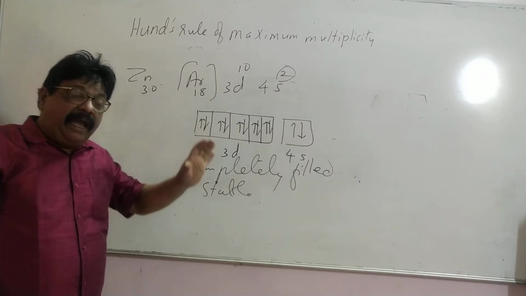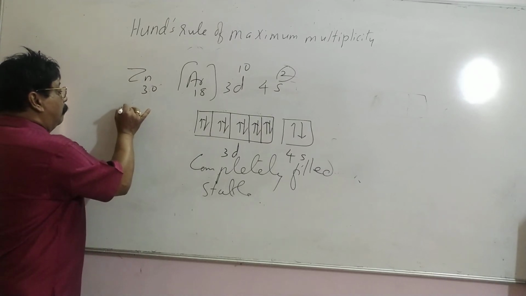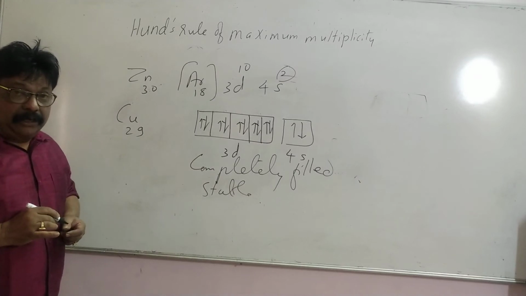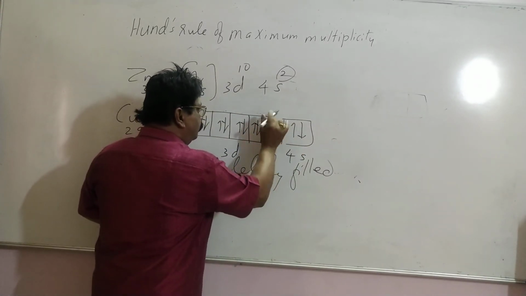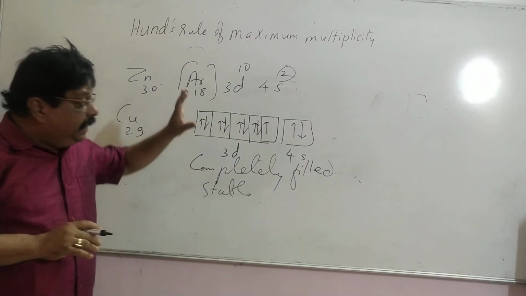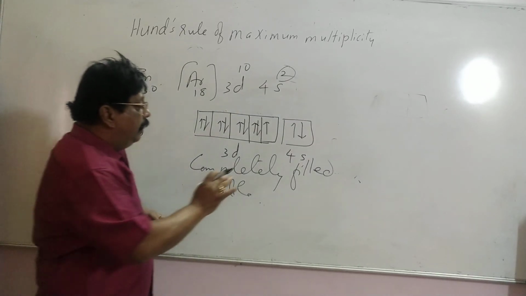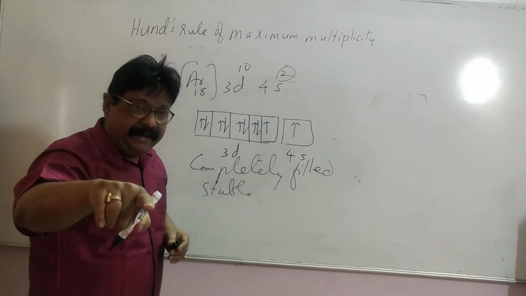Now the same case if we are applying for copper 29, how many electrons? 2 and 9 electrons are here. It is not completely filled. 3d9 is not completely filled. So what will we do?